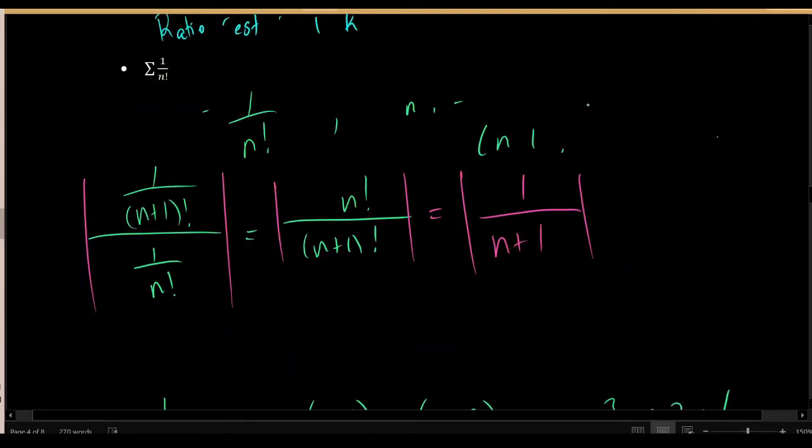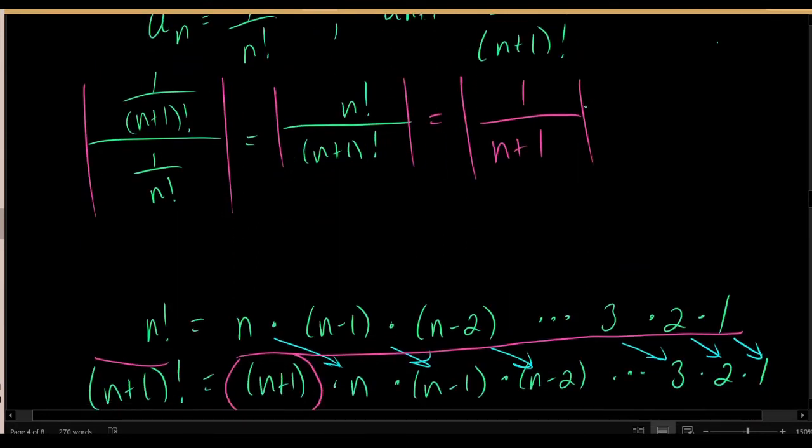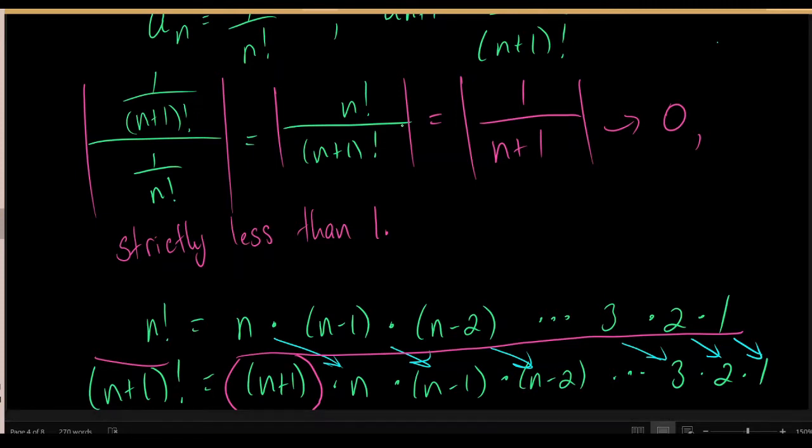So let's think about what happens to this quantity as n starts to get large. When n starts to get large, 1 over n plus 1 begins to approach 0. And this number is in fact strictly less than 1. As a result, what can we conclude from the ratio test? The ratio test implies that this series is convergent.